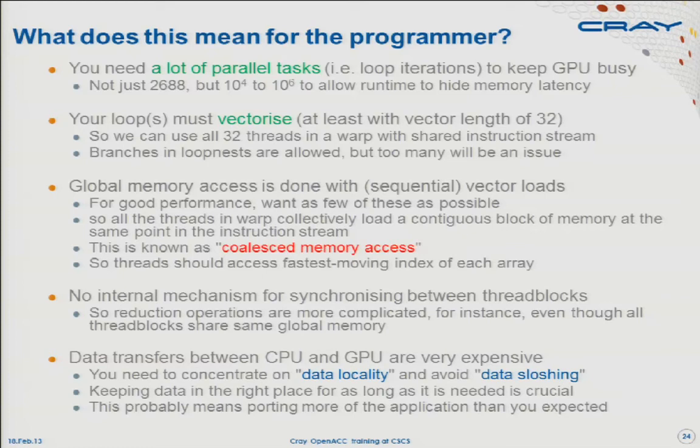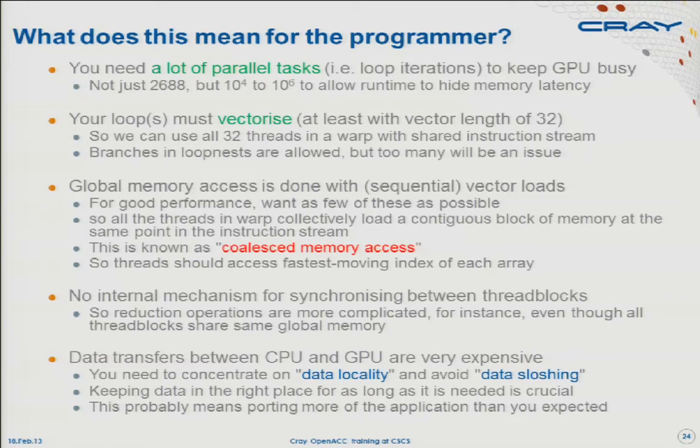These vector loads of memory. You want to do as few memory loads as possible. So what you want is, when you load up a bunch of 32 consecutive elements from memory, use them all now. What that means is that you want coalesced memory access. You want the 32 threads in the warp to load a block of 32 memory addresses, and each of them process one of them.